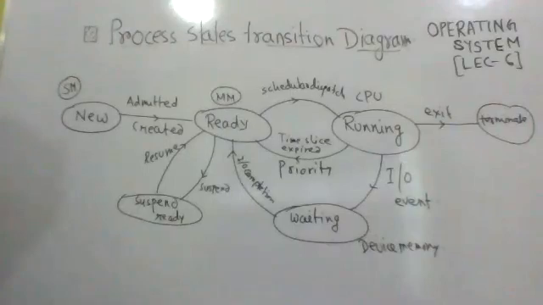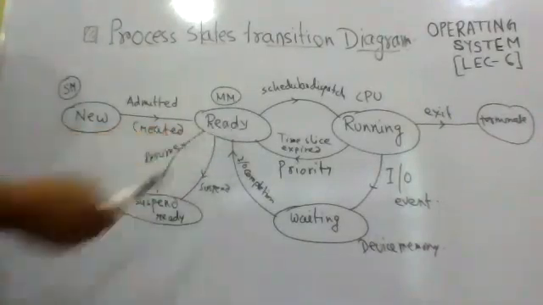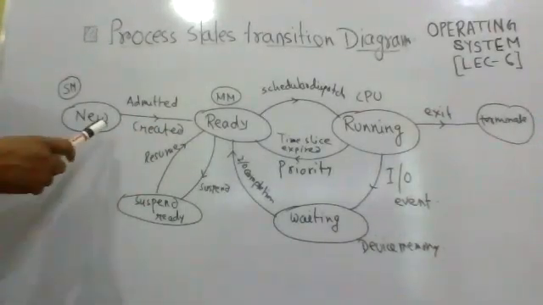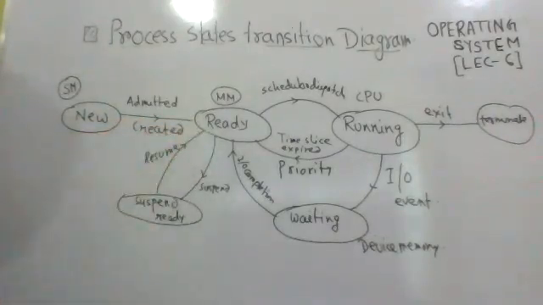Suppose in a particular situation there are some processes in the ready queue and there is no free space to load a new process into the ready queue. But at a particular time, we have to load a high priority process into the ready queue.